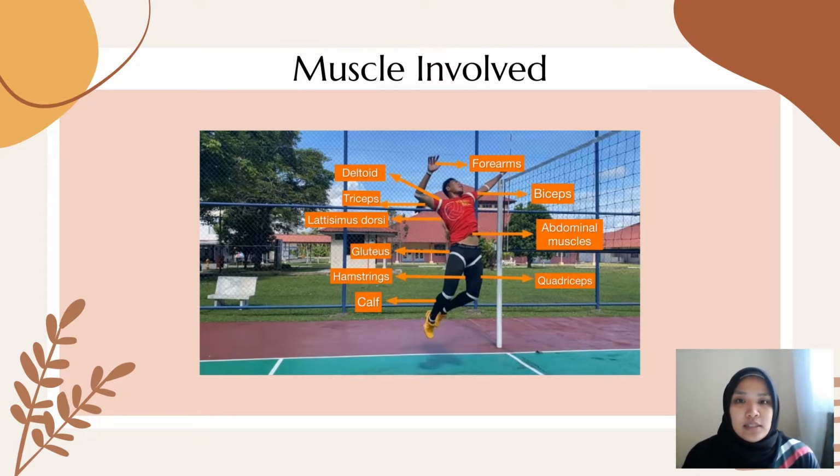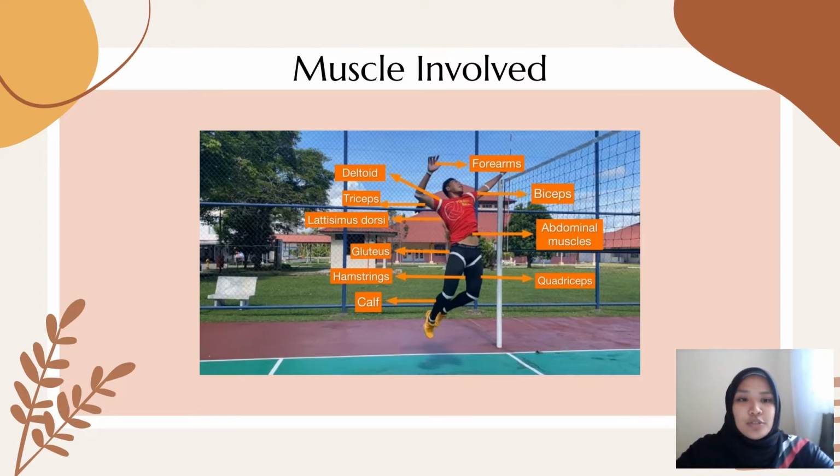And we go to the latissimus dorsi. The lat muscle will assist in some stabilization and creating rotational power in your trunk.